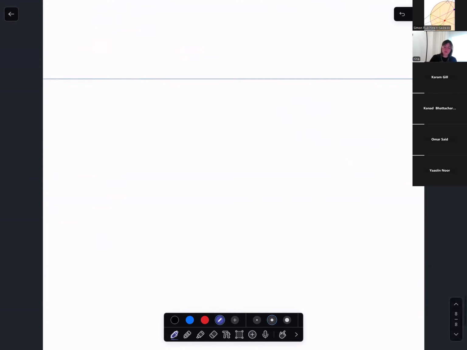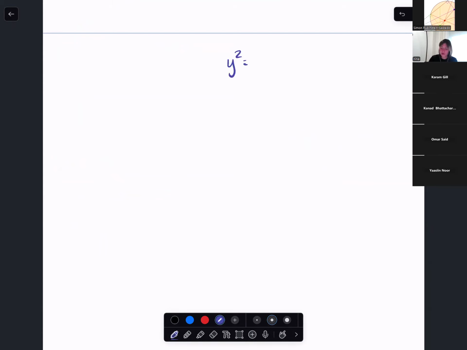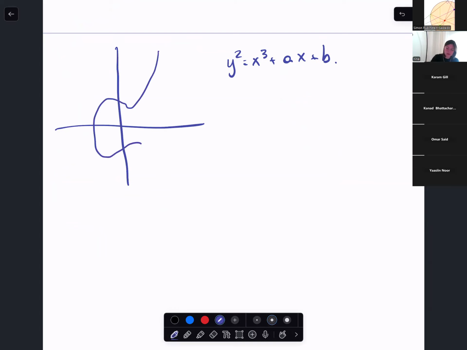But it turns out that the second you go to degree 3, so the usual form in which you write an equation for an elliptic curve is y squared is equal to x cubed plus some number a x plus b, this becomes immensely difficult. So this curve on the plane will look something like this.